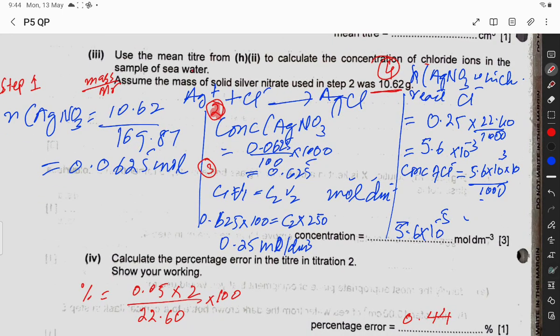10.62 divided by the Mr of silver nitrate, which is 169.87. The mole is 0.0625. So this is the chemical equation.